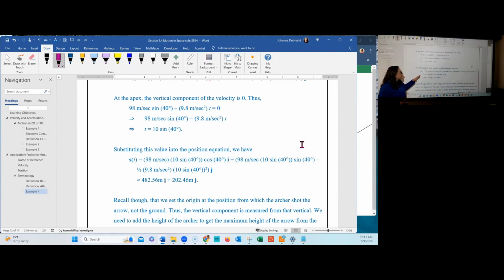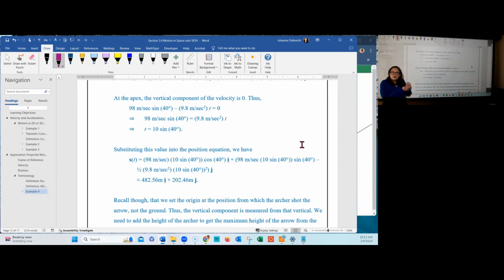So at that time, we want to know the position. The position will tell us the altitude, again, measured from the horizontal from where it was shot, because that's where I put the origin. So when we plug 10 sine of 40 degrees into the position vector valued function in place of time, we come up with 482.56 meters plus 202.46 meters. This is the position from the horizontal to the apex, the small little blue mark I made earlier.